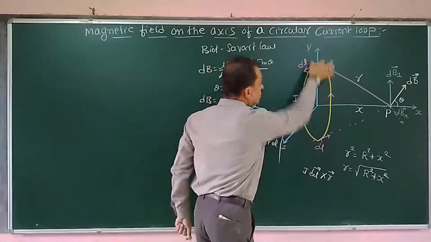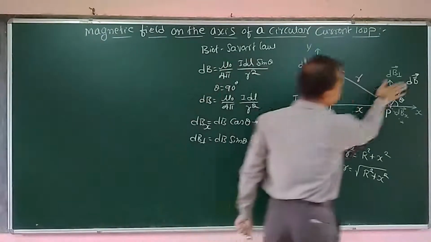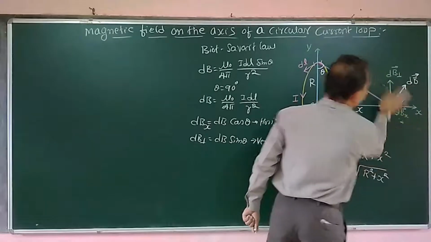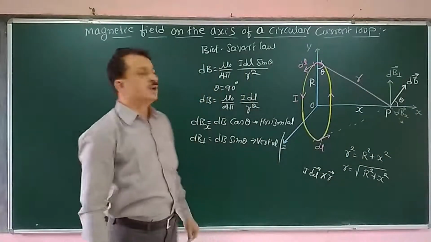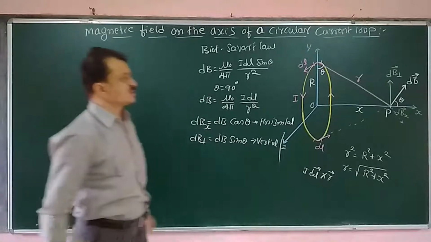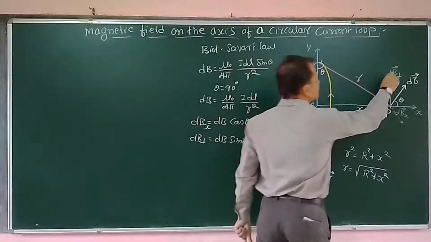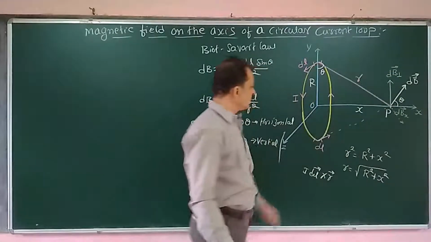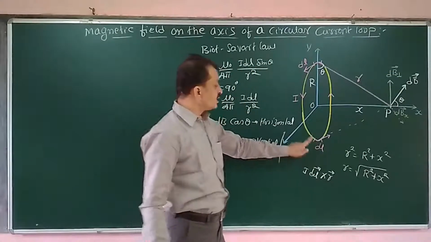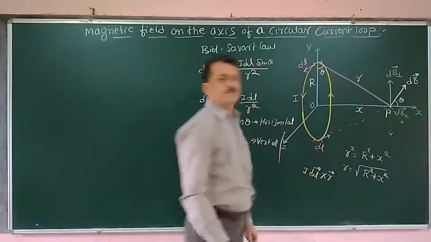Now we have taken two current elements. For the two current elements, we get magnetic fields in two directions. Those magnetic fields are resolved into horizontal and vertical components. The vertical component for the upper current element is in this direction. Similarly, the vertical component for the lower current element is along this one.